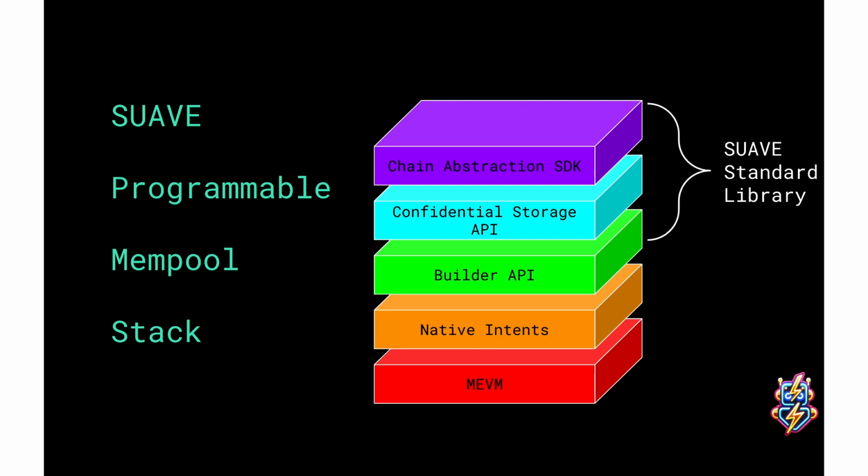First, we have a chain abstraction SDK. This allows you to craft transactions for different chains, as well as even store a private key that is generated by the TEE, and use that. You can fund that and use that to sign transactions on other chains.